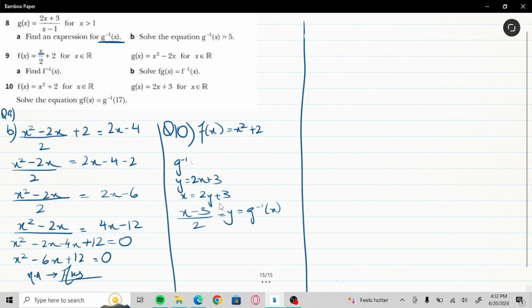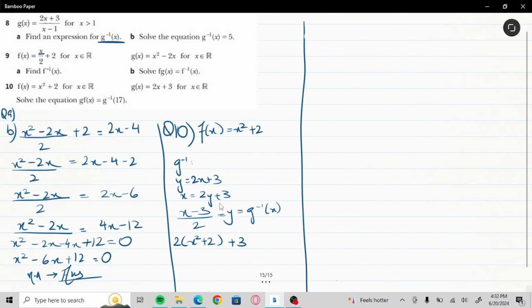Okay. What's g(f(x))? Input the value of the function f into the function g. So instead of x, we are going to write 2x. Sorry, we are going to input it into the function g. So instead of x, we are going to say 2 multiplied by (x squared plus 2), plus 3.